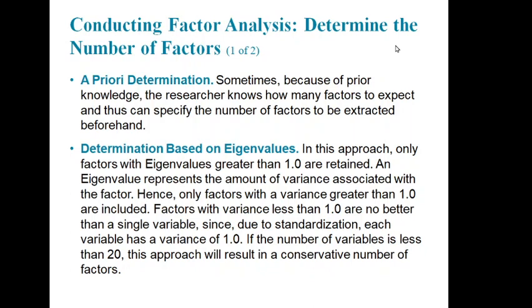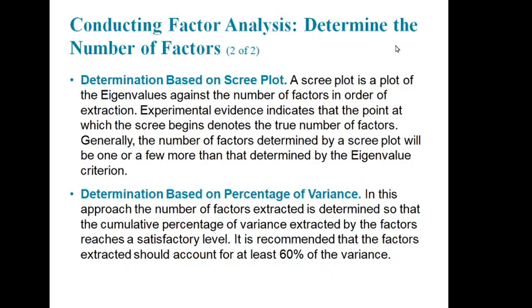And in some very rare cases, you also select values which are nearer to 1. Say if you are getting 0.9 or 0.8, sometimes you may select it depending upon the number of factors you have already received, right? So this is how you use eigenvalues.